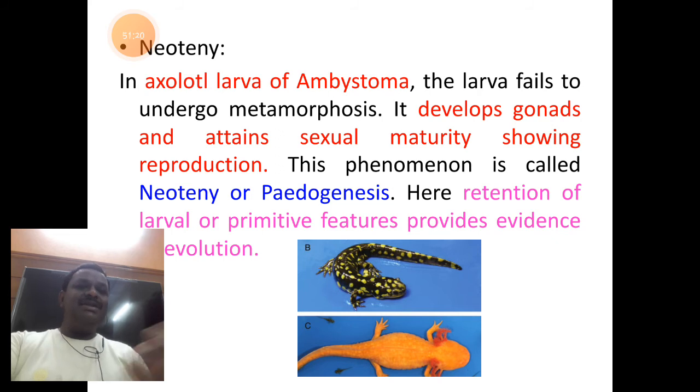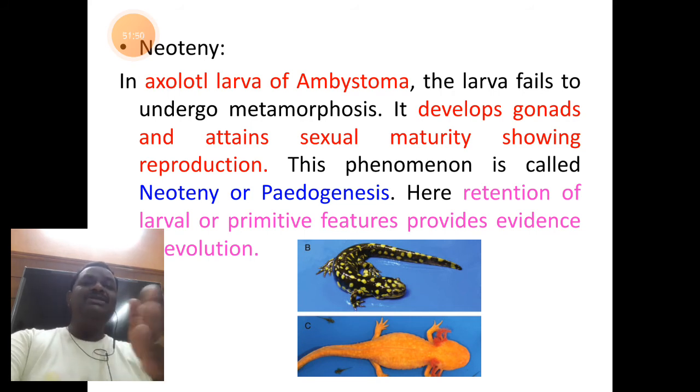When you look at the concept of the axolotl larva of Ambystoma, the larva fails to undergo metamorphosis due to environmental conditions. The larva will show the development of gonads, and it attains sexual maturity in its larval stage itself. So the larva will develop gonads and attain sexual maturity.